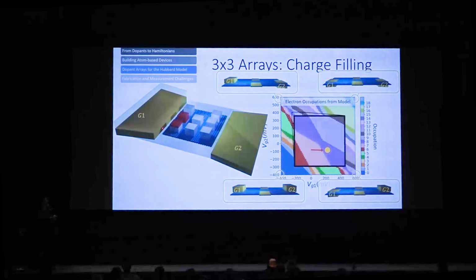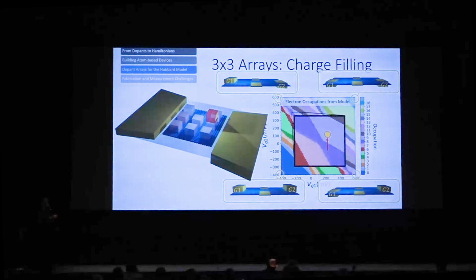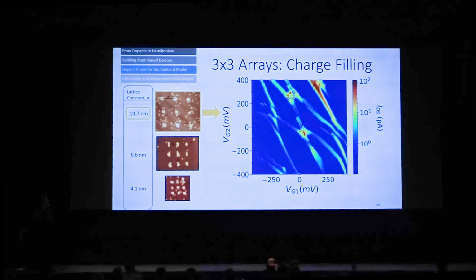So, not surprisingly, the place where the gate has been made more attractive to electrons, we get more electrons there. We can similarly increase the voltage on the other gate, and we see extra electrons coming onto the other side. So this is just to give you a sense that we're able to control the occupation on the array, and that it, again, at least qualitatively matches what we would expect from a Hubbard model simulation.